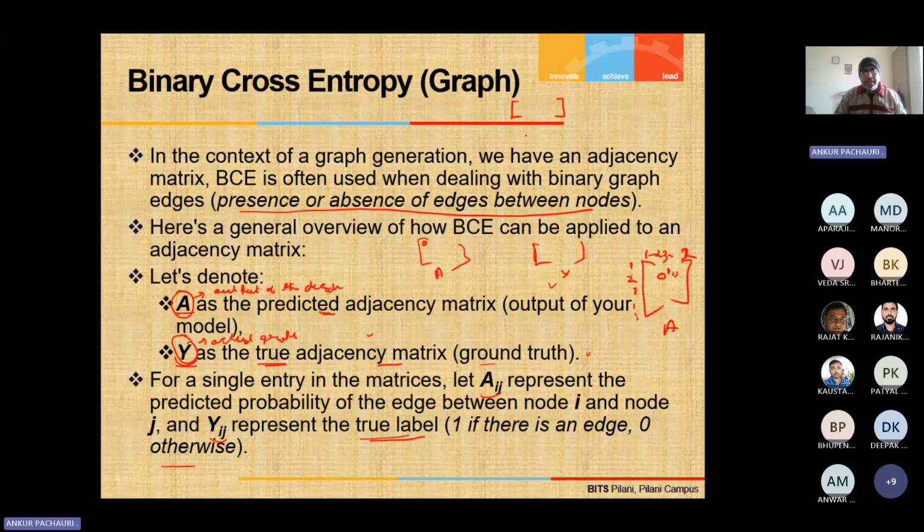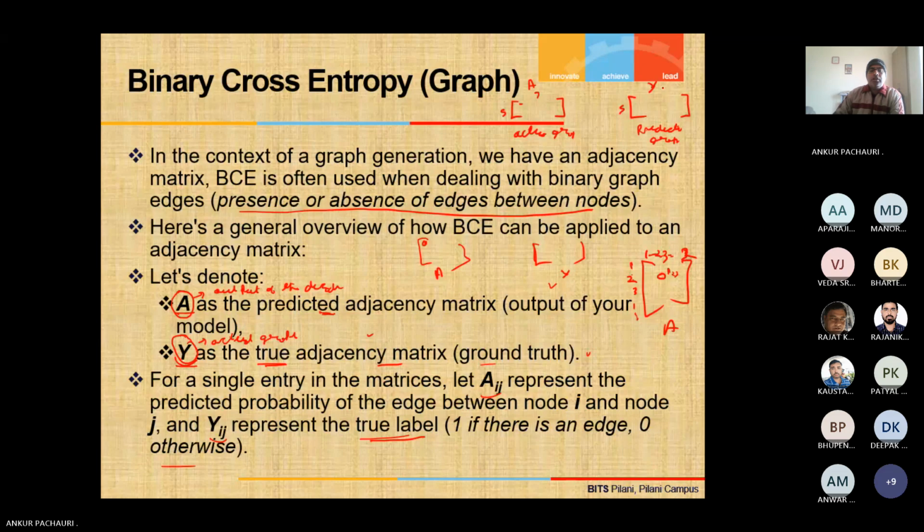So what can be the possibilities? Let me call it A and let me call it Y. Now there are multiple scenarios. There was an edge in the actual graph, suppose between node number 5 and node number 7.